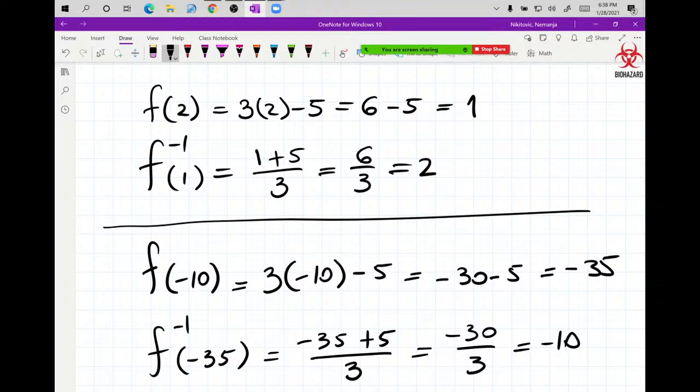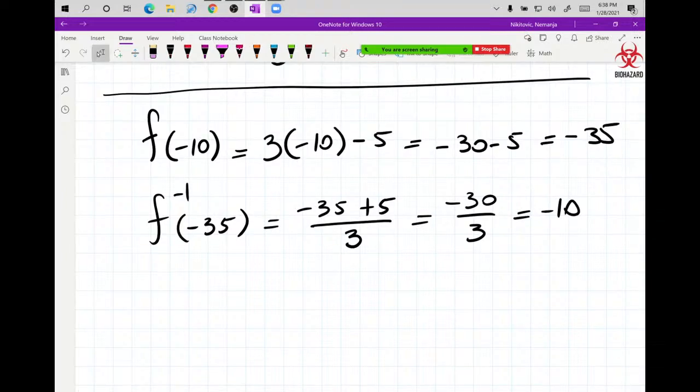It goes back into the original one, right? Which means that the inverse of an inverse is the original function. That makes sense, because if I plug this in a function again, I'm going to get negative 35, and then I plug it back in the inverse, I'm going to get negative 10. You can just go like that forever. It's kind of cool.